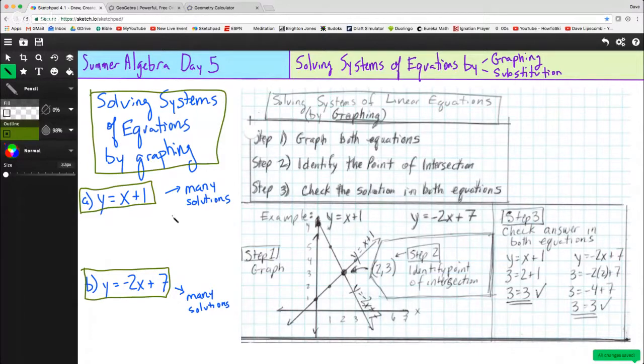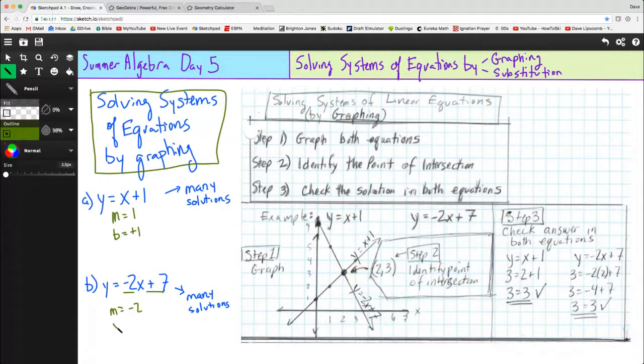These are in slope-intercept form, where we have a slope of 1 and a y-intercept of positive 1 on the first equation. And on the second equation, we have a slope of negative 2 and a y-intercept, which is denoted by b, of positive 7.